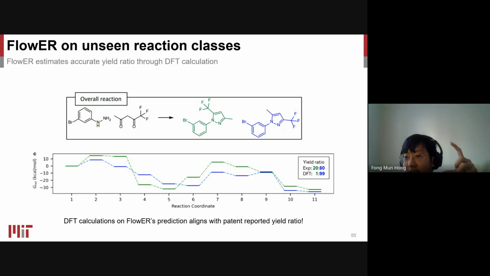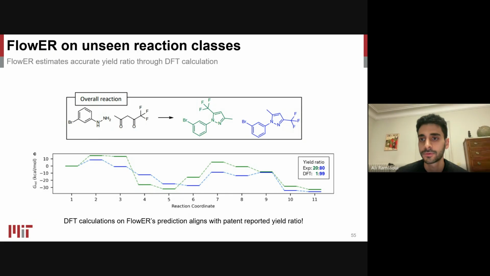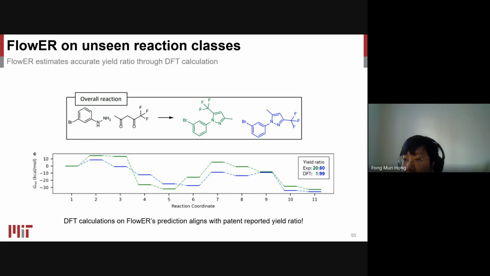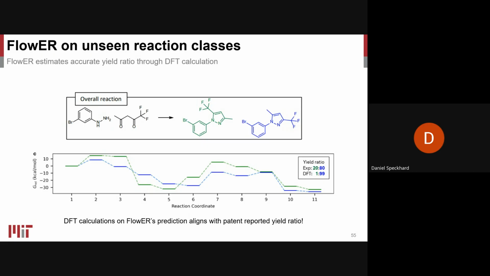They are both nitrogens, right? Is that what the question means? Daniel, you can maybe frame it better. I was curious if you have more atoms in the input and output, do you need to pad the matrices?